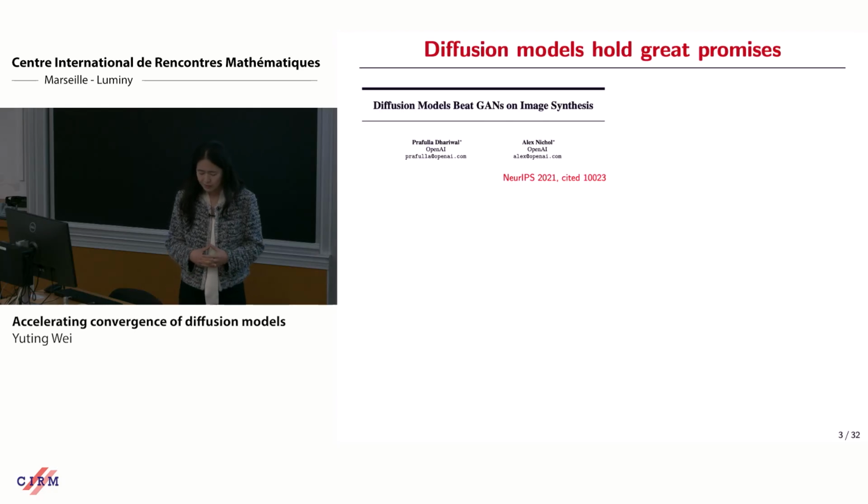Okay, so diffusion models in this generative modeling era hold tremendous promise. They were first proposed for image synthesis, but they have received a lot of success far beyond computer vision.